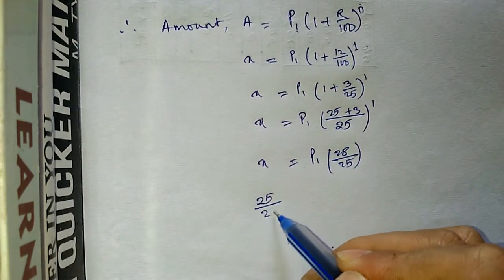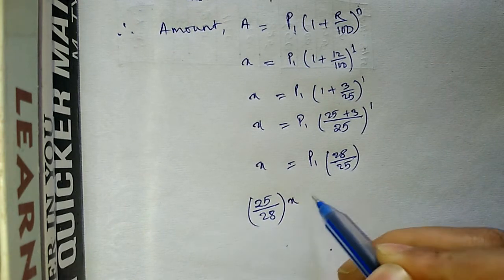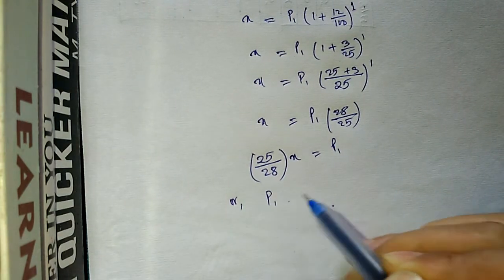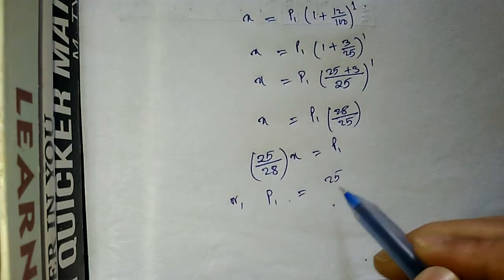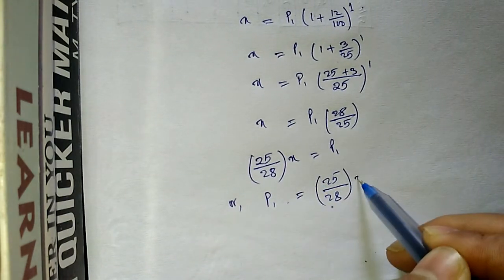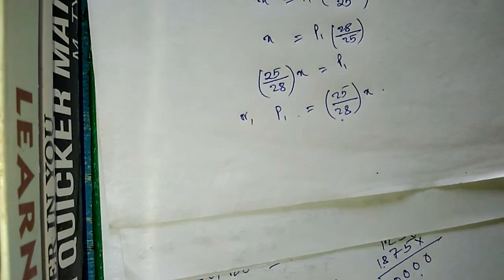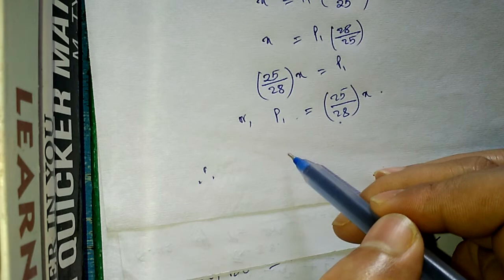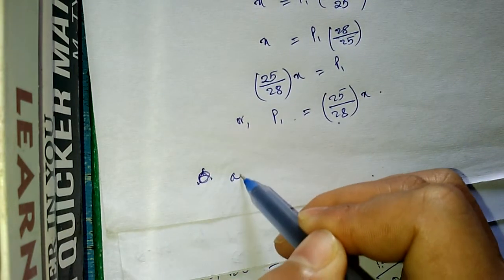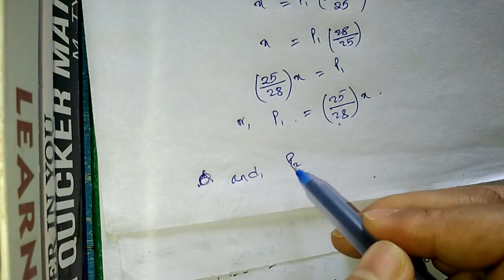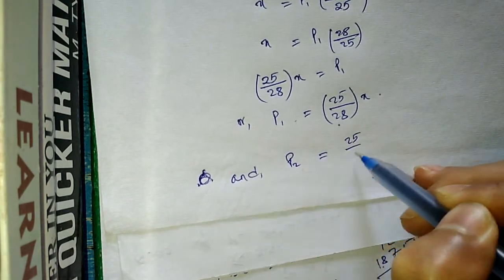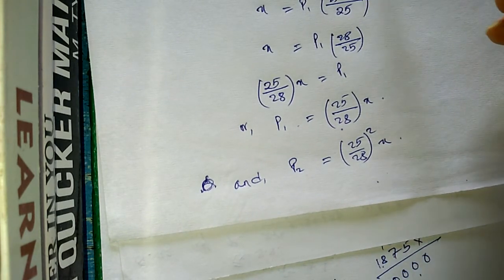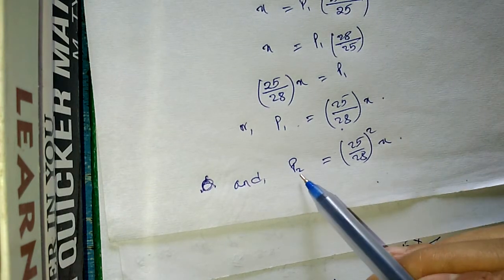Then X is equal to P1, or P1 is equal to 25 by 28 X. Since it is the first installment, for the second installment we can write P2 will be 25 by 28 to the power square, X, right? Since it is the second installment, we have to write P with the power also 2. This is P2.